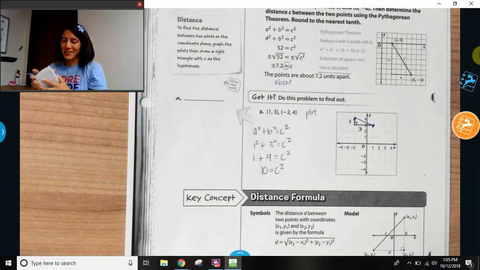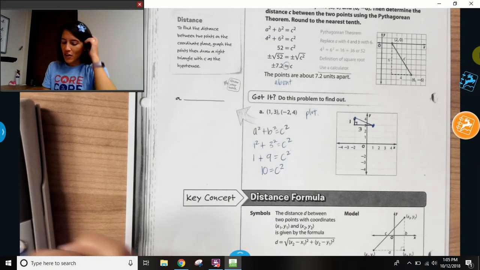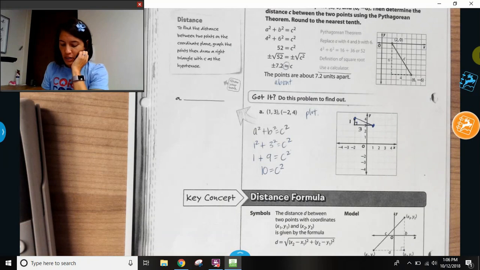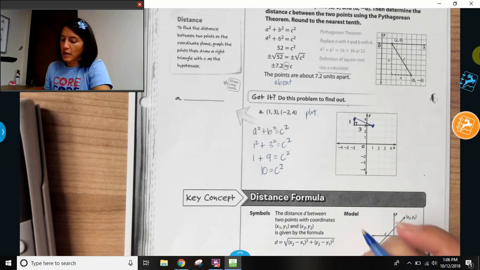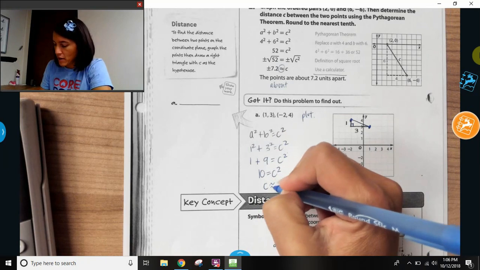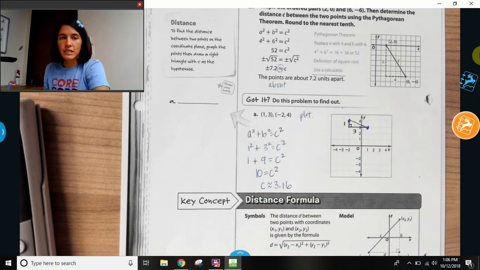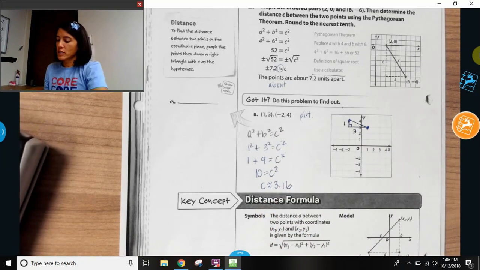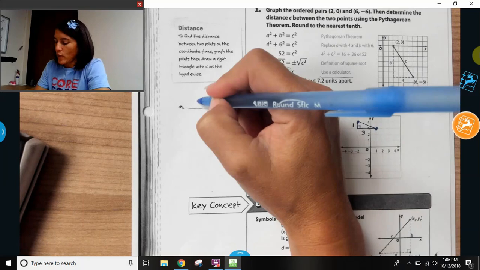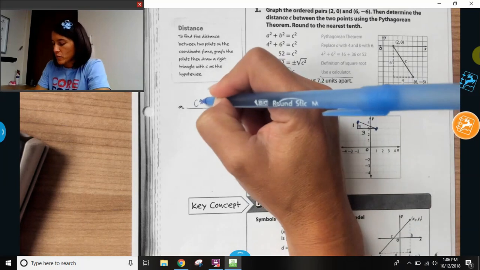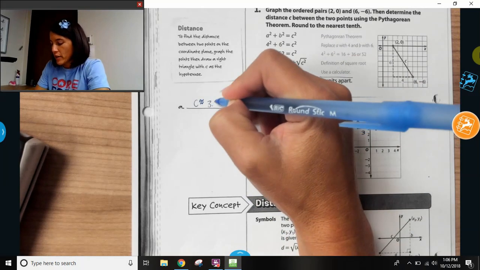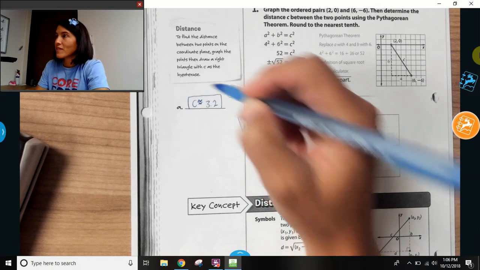The square root of 10 is going to be 3.16. And then the directions say round to nearest tenth. So c is about 3.2.